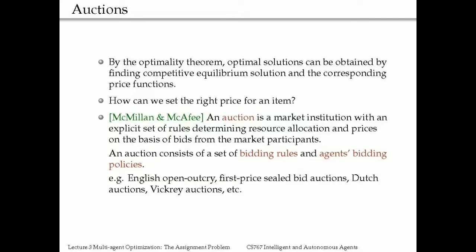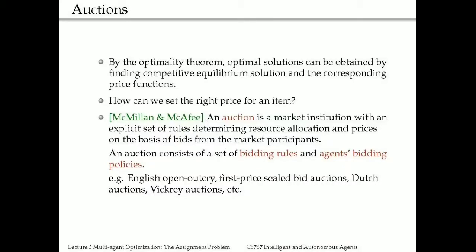Right? So in order to implement an auction, we will need to design what we call bidding rules and agent bidding policies. There are lots of different possible bidding rules in the world for deciding on the price of a certain item. For example, we have the English open cry auction, which is like buying houses in Auckland, where buyers gather together and shout out bids, and then they increase the bids one by one.